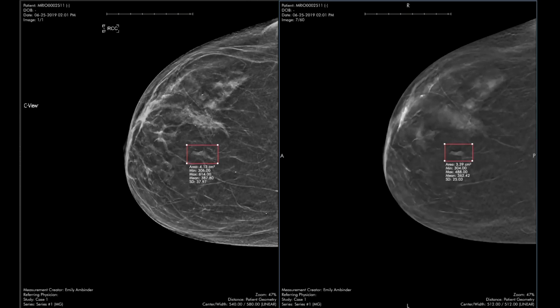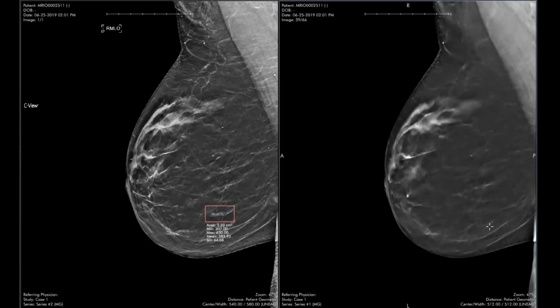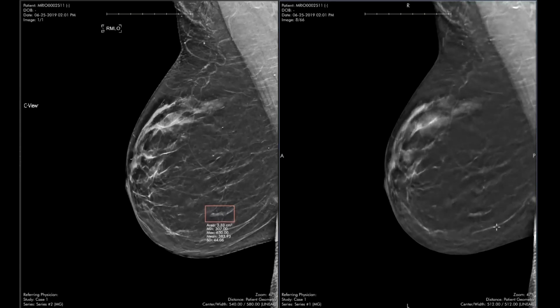Similarly on the MLO view, when I scroll through the MLO view, I can see this finding in the lower breast that stands out. So this was given a BI-RADS 0 when we had the patient come back for additional imaging. Specifically, we do spot compression views, and that's to determine whether the finding persists when we are compressing that area of the breast.